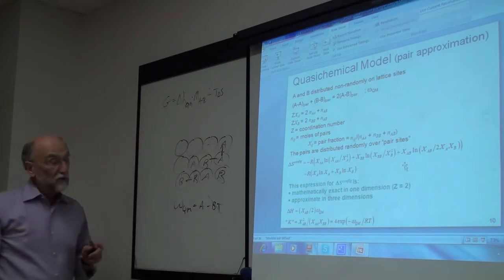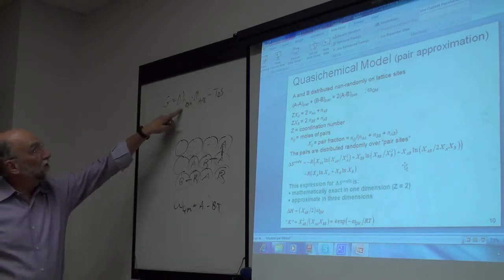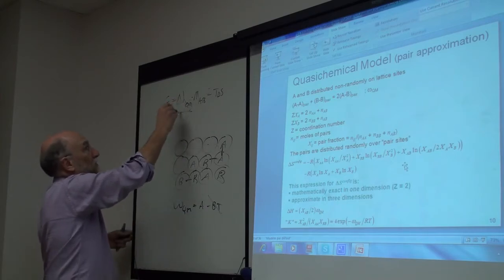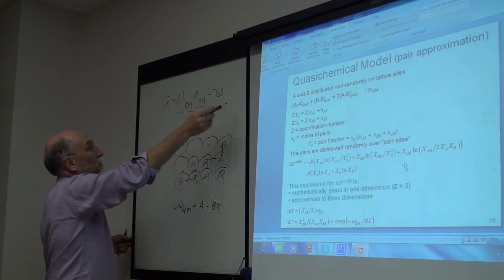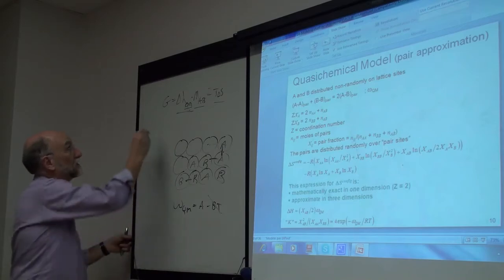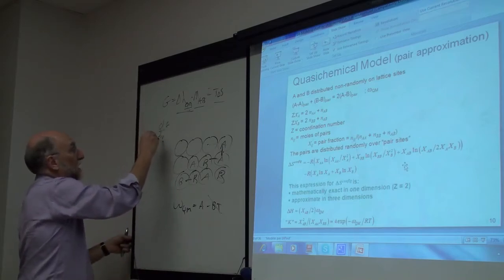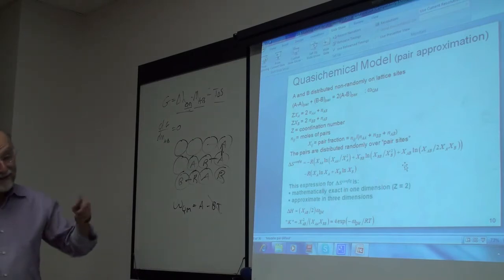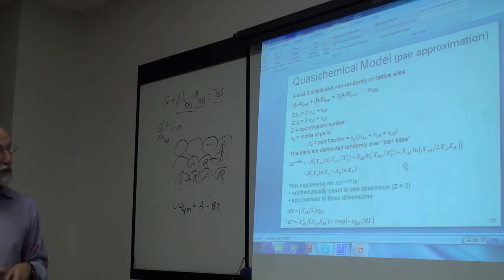Just as we did for the associate model, you write an expression for G of the solution: the enthalpy term is the enthalpy of forming the pairs times the number of pairs. Then you have the ideal entropy. You take dG/dn, number of pairs, equal to 0, and you do exactly the same thing. It's exactly the same as the calculation we just did a minute ago for the associate model.